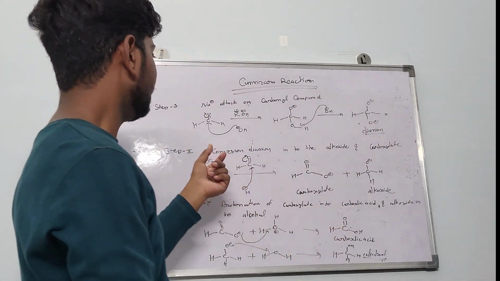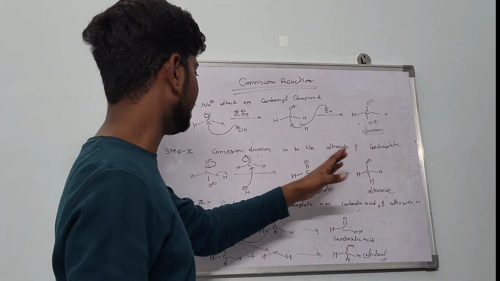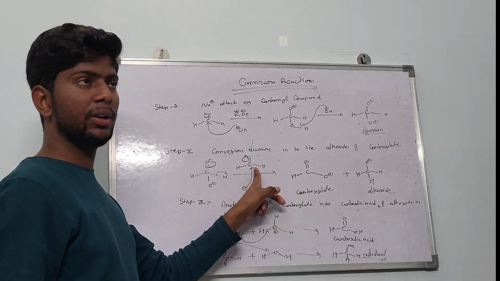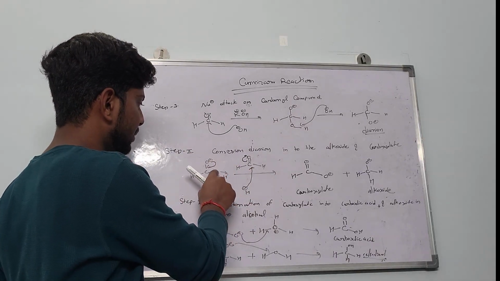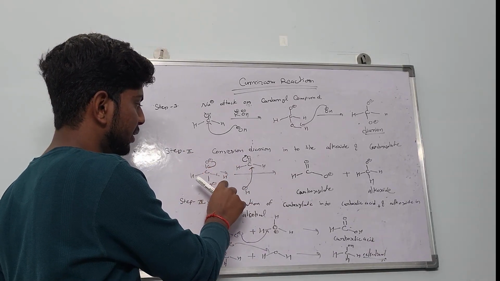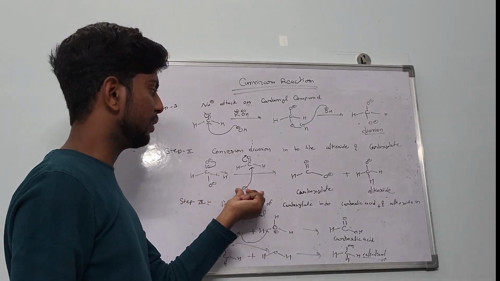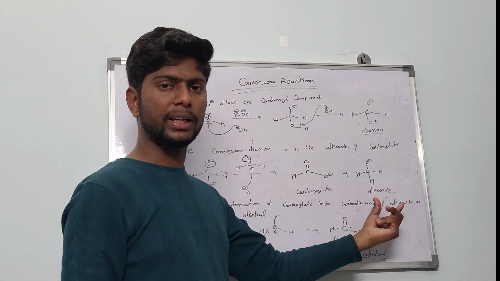After that, the diene is converted into the alkoxide and the carboxylate. Then in the next step we use another molecule of aldehyde. The negative charge comes in this way and kicks out the hydrogen in the hydride form. Then we get the carboxylate and the alkoxide.